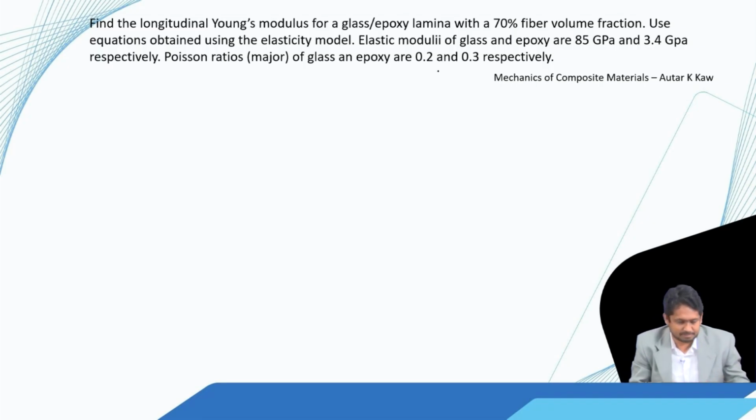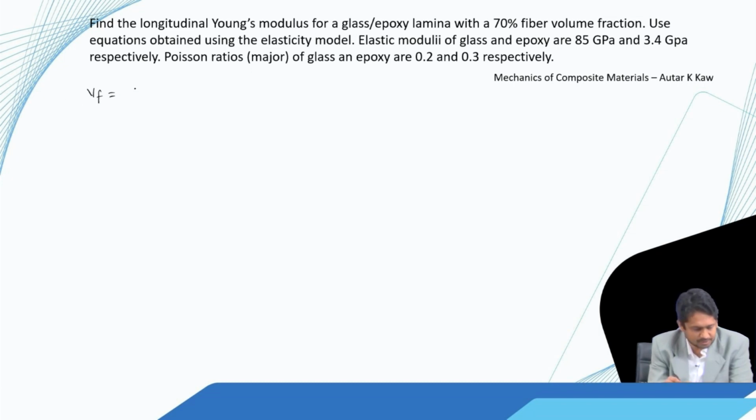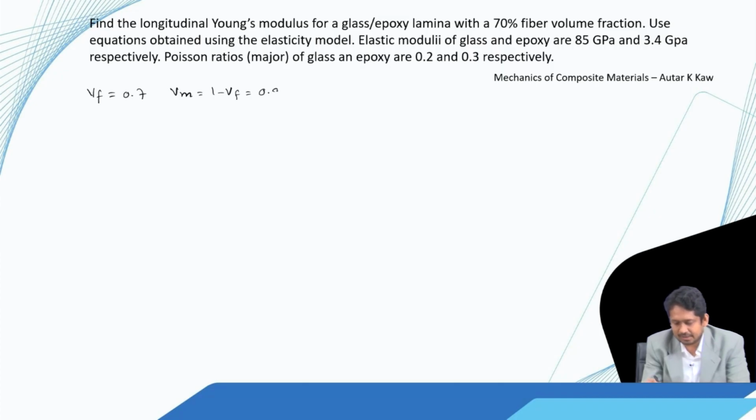This would give us an idea of how much over or underestimation we do when we use the mechanics of materials based approach. So, we have V f equal to 0.7. So, naturally V m is equal to 1 minus V f, and that is equal to 0.3.